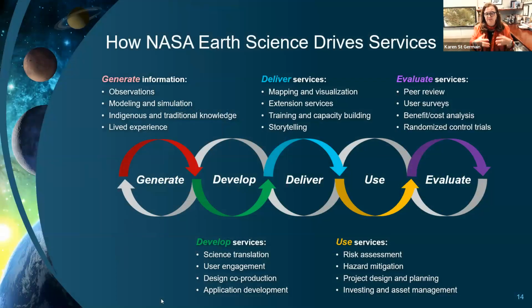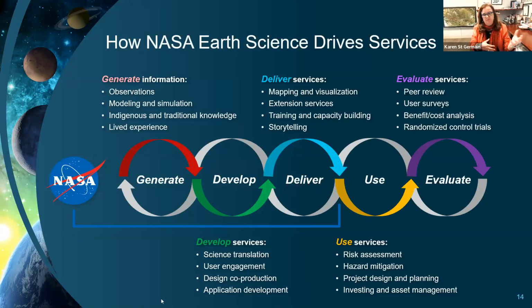This is a view of the value chain of information. So far over on the left are the observations, the modeling and simulation, and things like indigenous and traditional knowledge and so forth, creation of information. The next step is, of course, to take that information and develop it into usable information through translating the science into actionable information through user engagement, often co-producing with users the kind of tools that they need, applications and so forth, and then delivering those services.